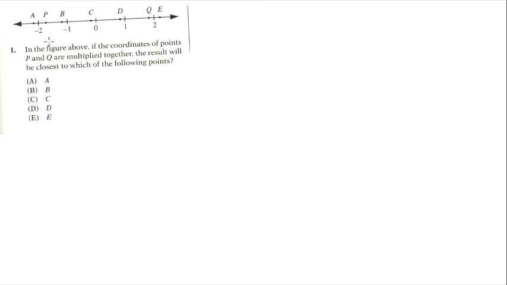Picture above, if we take P and multiply it by Q, it will be closest to which of the points? Well, so we have something that's approximately minus 2 and approximately 2 multiplied together will be something that is somewhere in the neighborhood of minus 4.